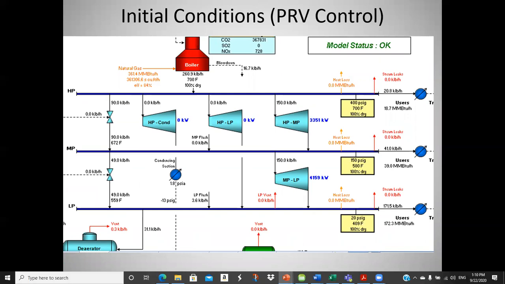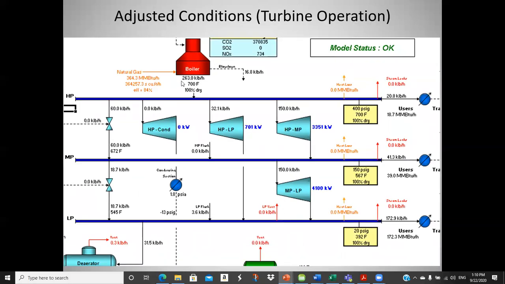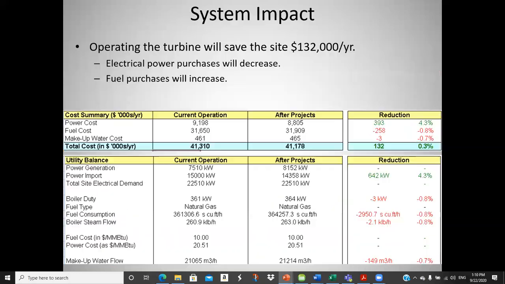Here it is 263,000. So I have to make more steam, which makes sense. That's going to cost me 258,000 more in fuel cost, and also 3,000 a year more in water cost. So when I do all the calculations, it nets out to 132,000 in savings.